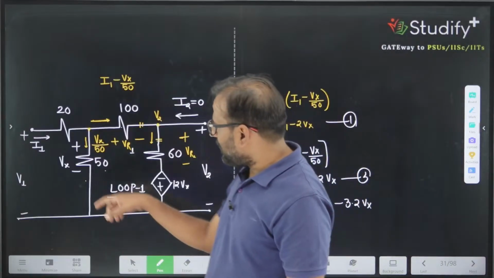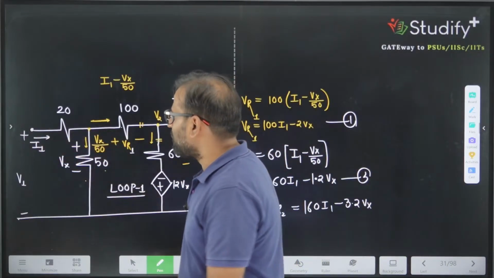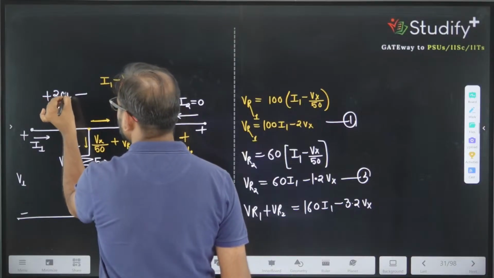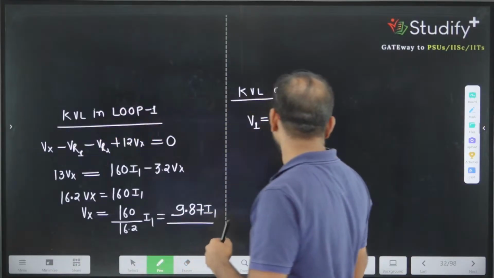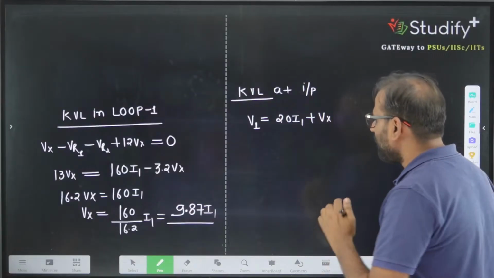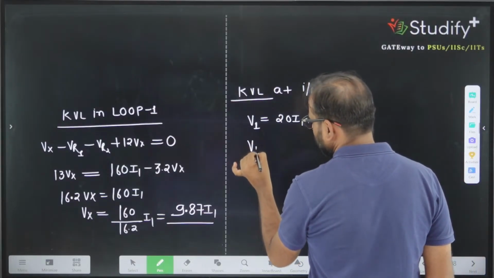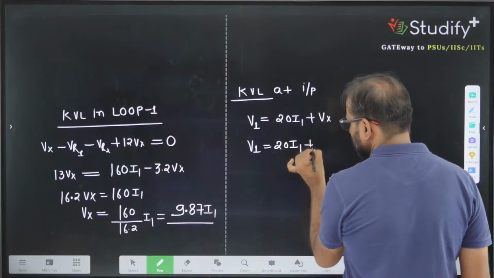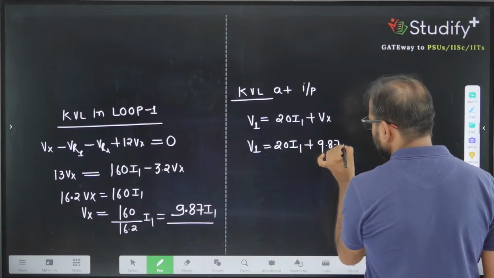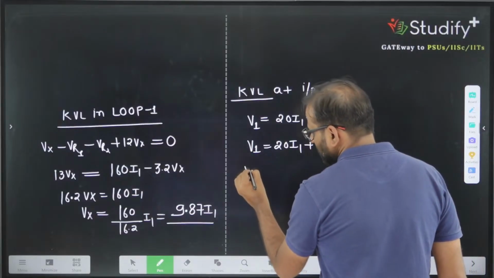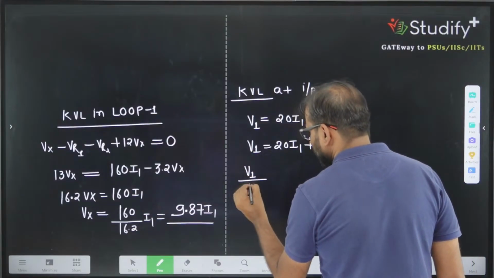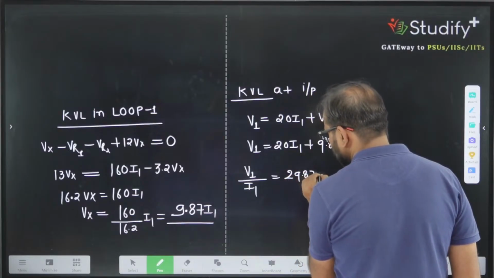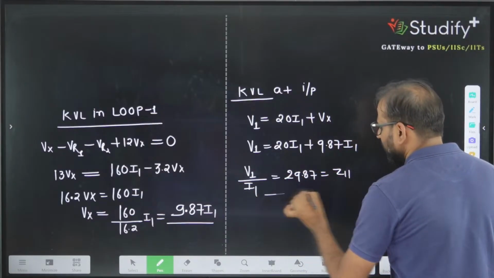Why? Because this is plus to minus, and the potential drop here is 20 times I1. Now you know the value of Vx, so V1 is 20 I1 plus 9.87 I1. V1 divided by I1 is 29.87, approximately 30. This is the value of Z11.